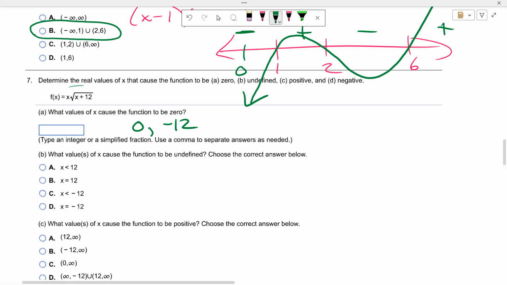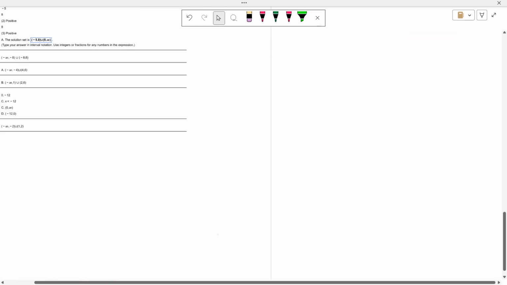So, 0 and negative 12 cause this to be 0. What would make this undefined if x was what? Well, what can't square roots be? Negative. So if x is less than negative 12, if it's negative 13, then we get an imaginary number there, so that would cause it to be undefined. Okay?